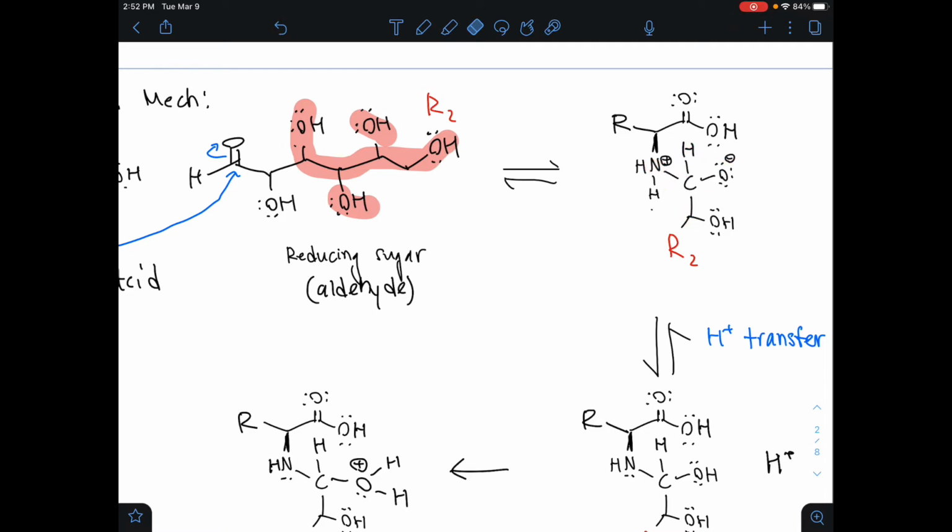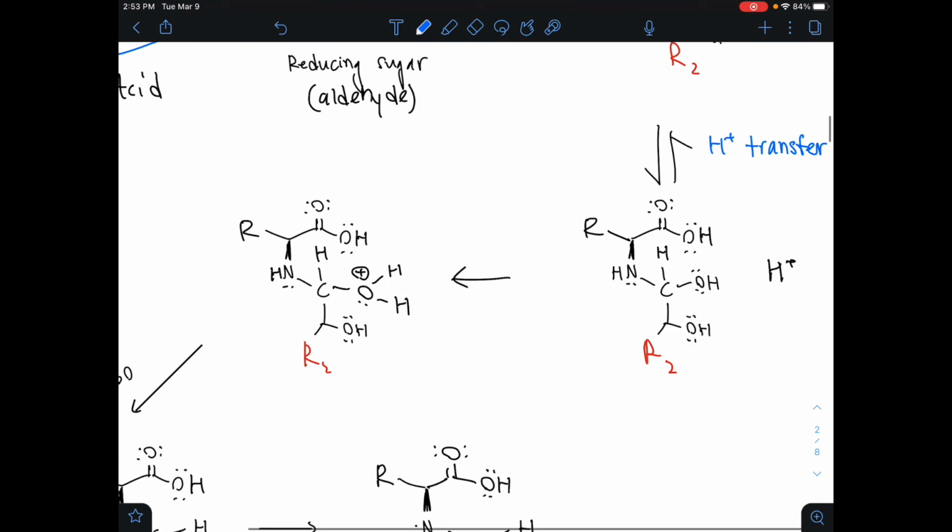The next step is that the lone pairs on this oxygen take a proton from this amine group, and these electrons drop down to the nitrogen. So this is proton transfer. In the next step, the same hydroxyl group that just got protonated grabs another proton, a free proton from the environment, and this activates the hydroxyl group and makes it a good leaving group.